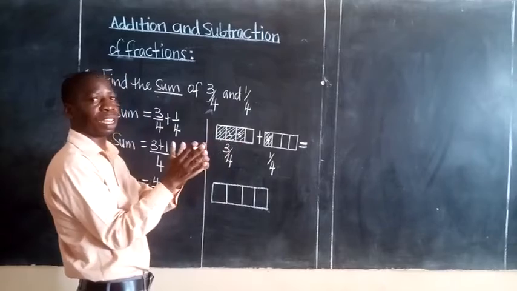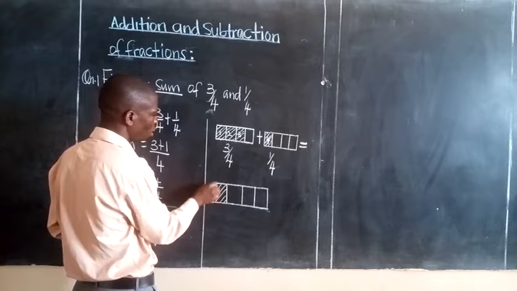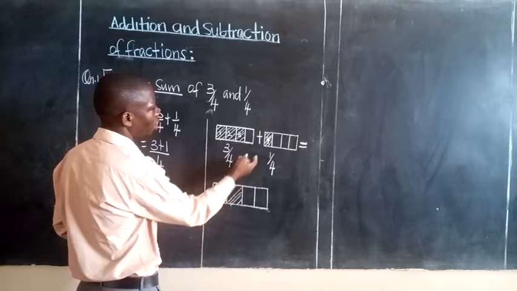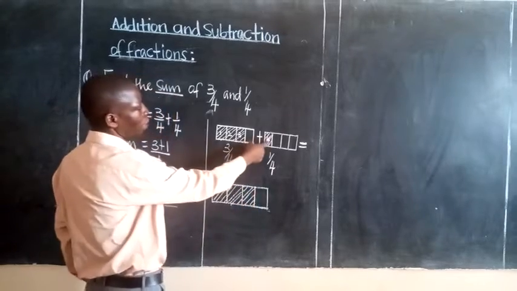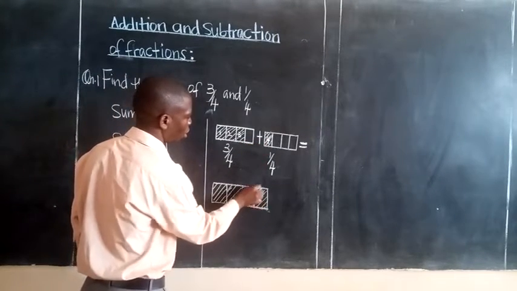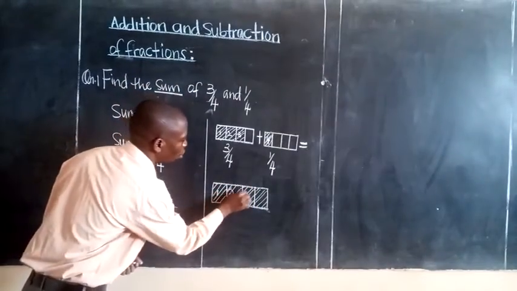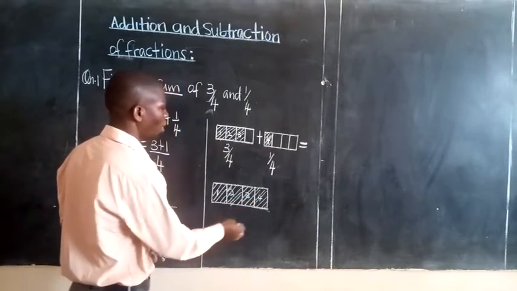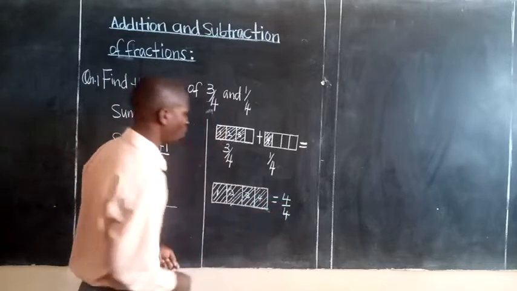We are putting them together now, we are adding them. These are the first three parts, 1, 2, 3. Now we are adding another part, the one part there. So our answer now is 4 out of 4.